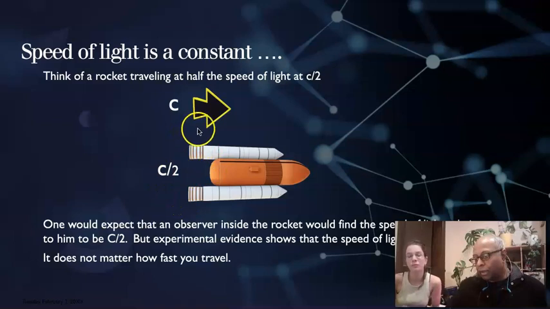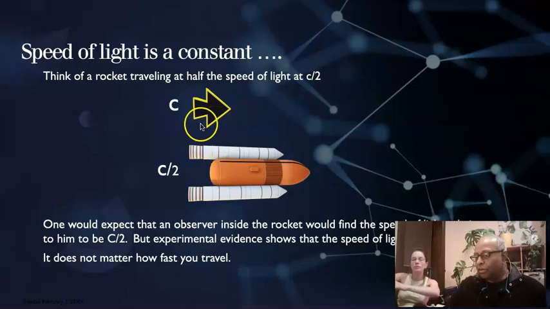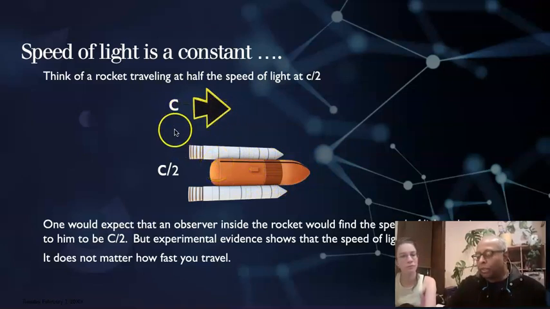So now here you have the speed of light as c, and then there's a rocket that is going at c by 2, just to elaborate the point. And now he would also measure it to be c. It's not going to be c by 2, right? Even though he's moving so fast, the light would go past him at the speed of light c. It's a constant. Doesn't matter how fast we move.